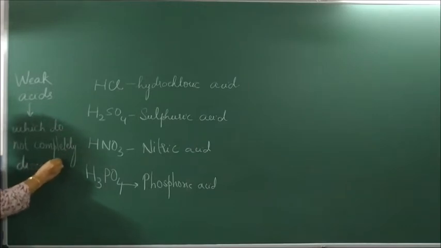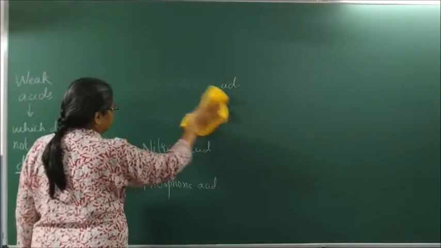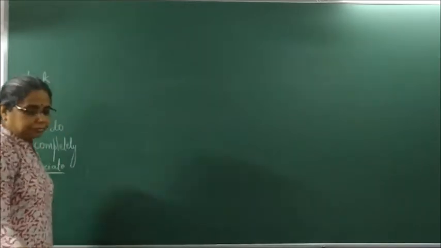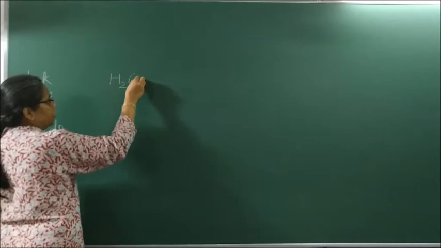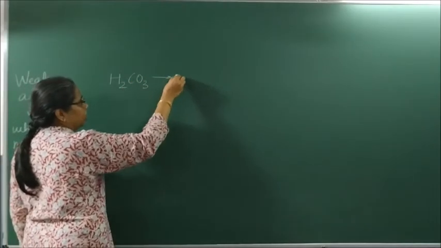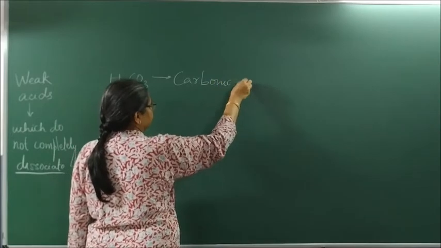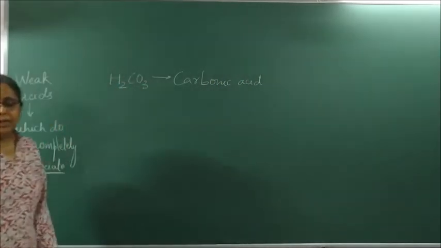Which do not completely dissociate are called as what acids? Weak acids. So, weak acid, first H2CO3. This is called as what acid? Carbonic acid. H2CO3 is called as what acid?